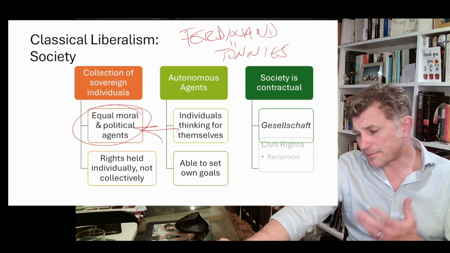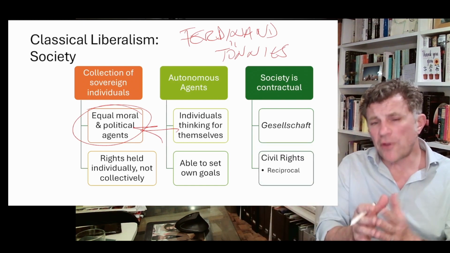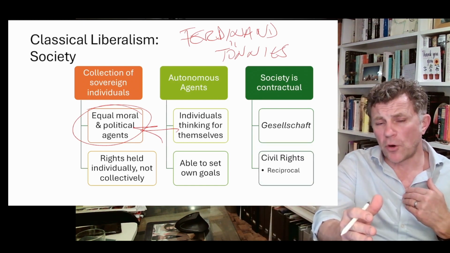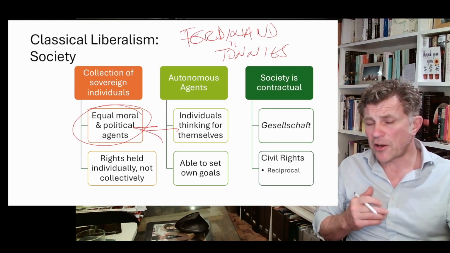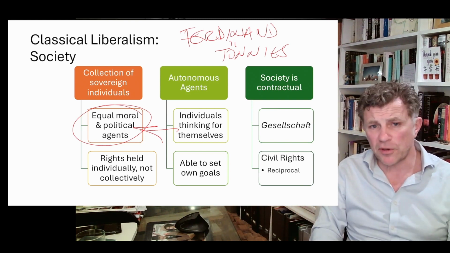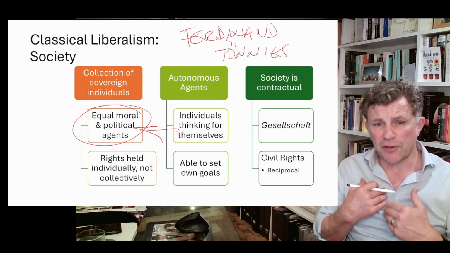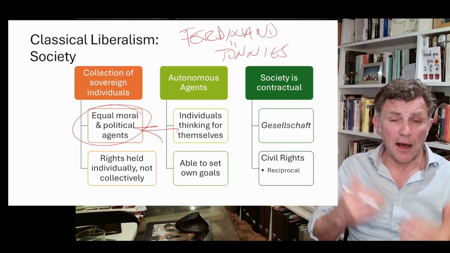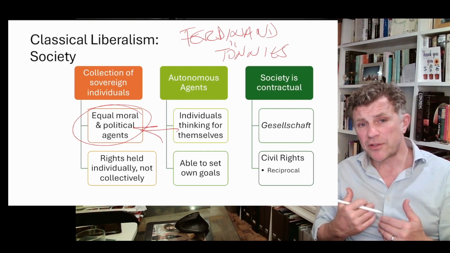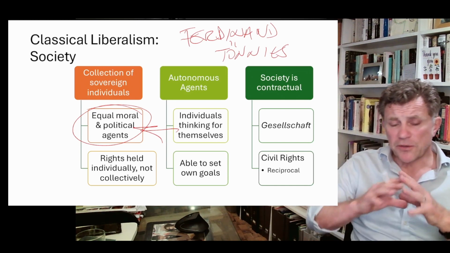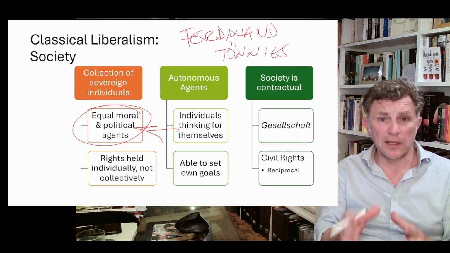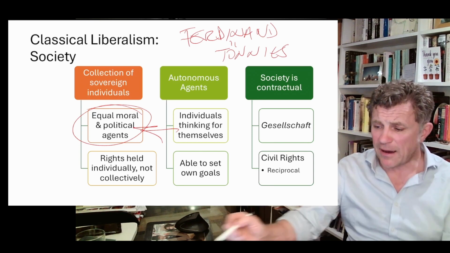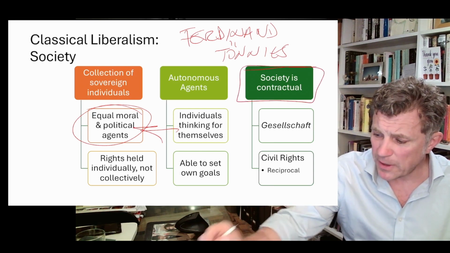And that leads to a very, very important concept. Remember, I'm staying out of your way, so I expect you to stay out of mine. These rights are reciprocal. I have a right, you have a duty to respect my right. Similarly, you have a right, and I have a duty to respect your right. So society in this classical liberal model is based entirely on contractual ideas.